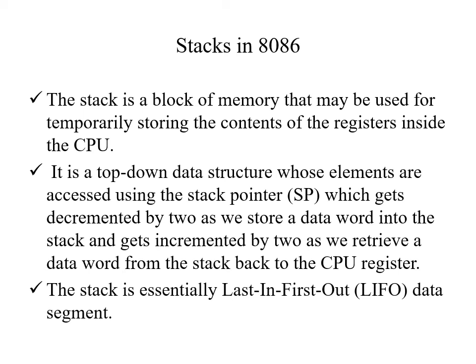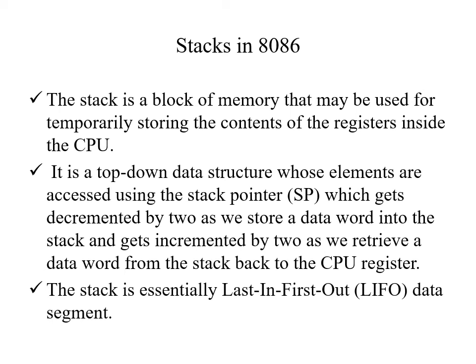So you can understand that it is a top-down data structure and its elements are accessed using the stack pointer. The stack pointer currently indicates the top element of the stack. It will be decremented by 2 when you store a data word into the stack. When we push something into the stack, the stack pointer will be decremented by 2.